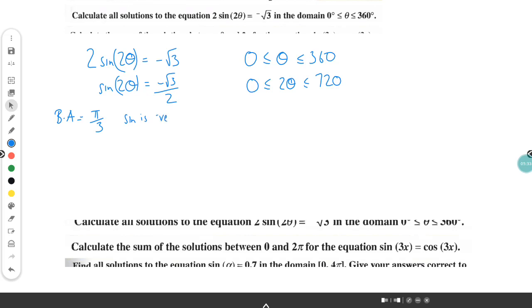Now, I've got negative root 3 on 2, so I have to identify what quadrant sine is negative in. What quadrants is sine negative in? 3 and 4.